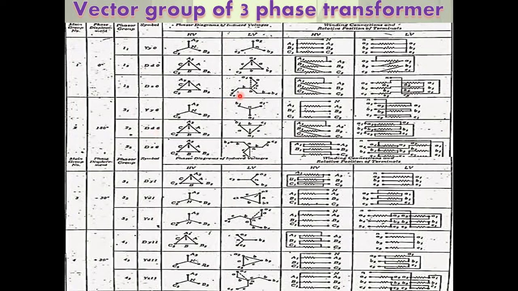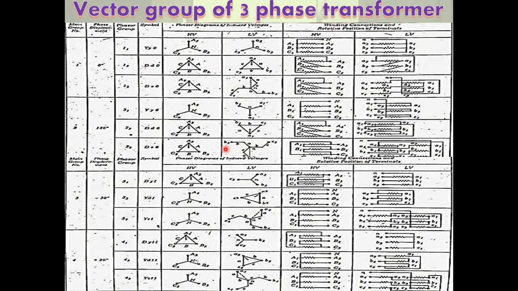Even under normal conditions, the line to line voltages on the HV side are displaced from the corresponding voltages on the LV side. Also, line to neutral voltages on the HV side are displaced from the corresponding voltages on the LV side. This displacement depends upon transformer connections like star, delta, etc. Indian Standard 2026 of 1972 gives four vector groups of standard connections.